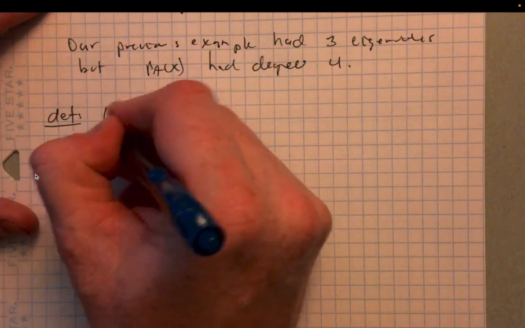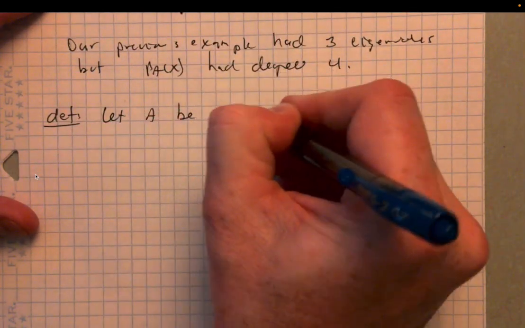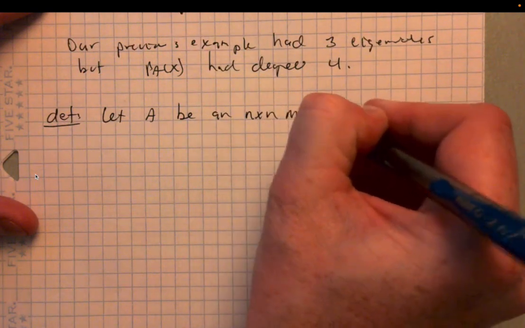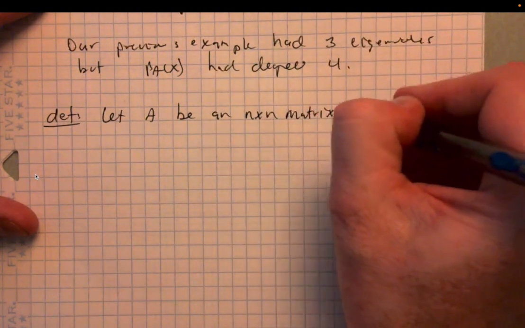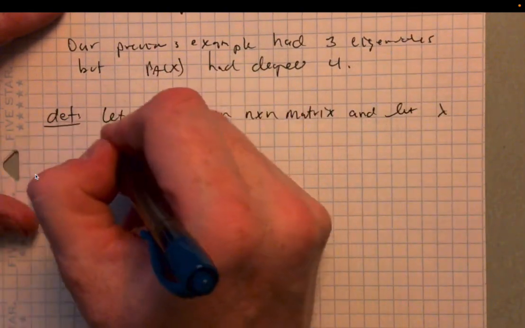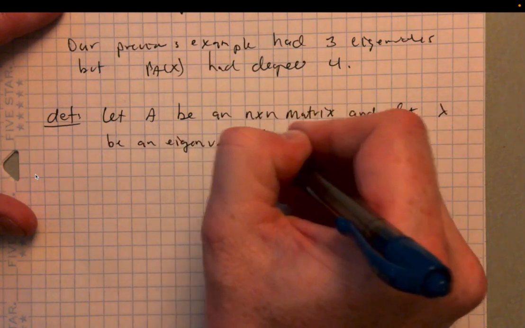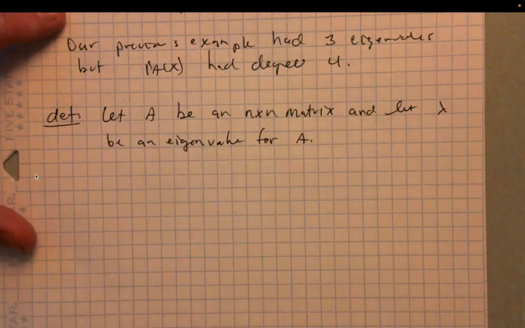So let's let A be an n by n matrix, and let lambda be an eigenvalue for A. Okay.